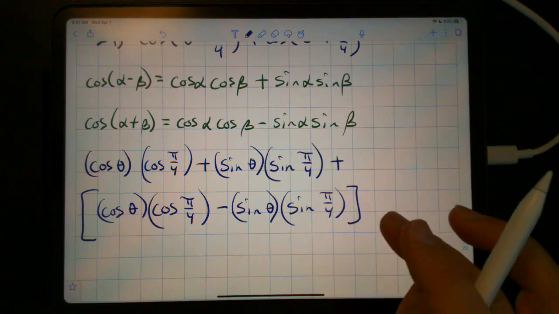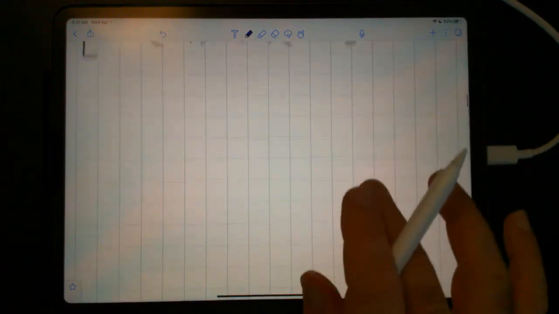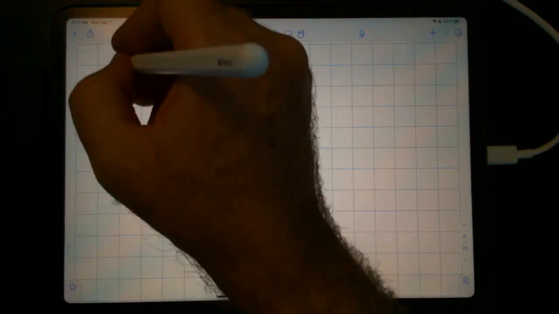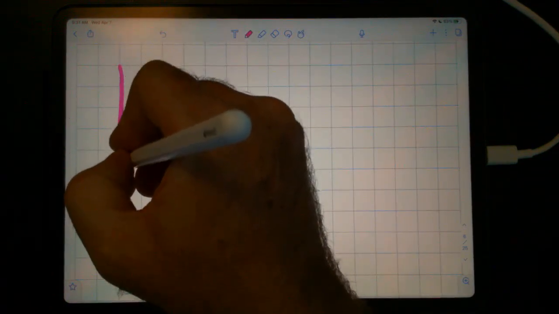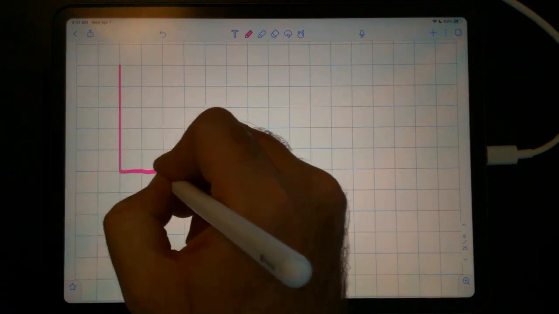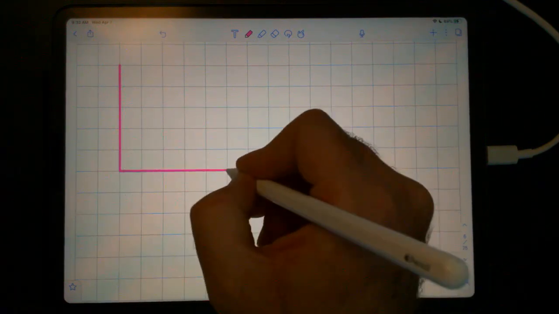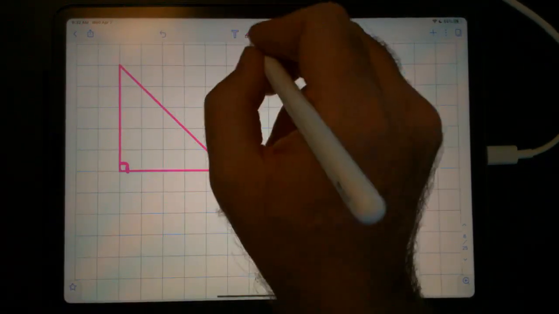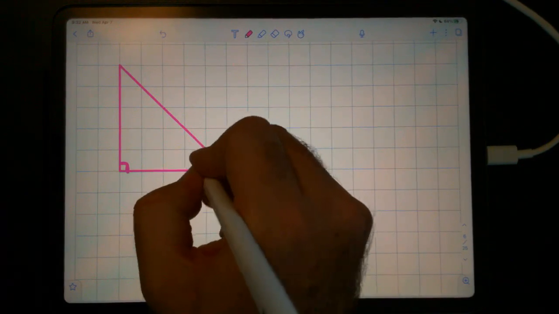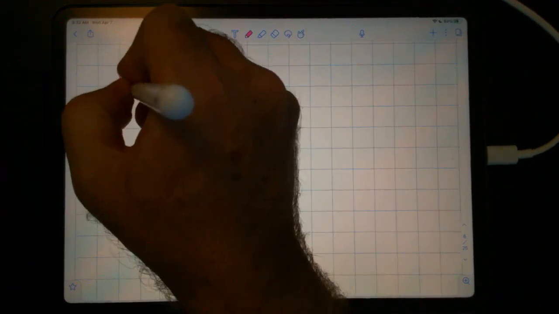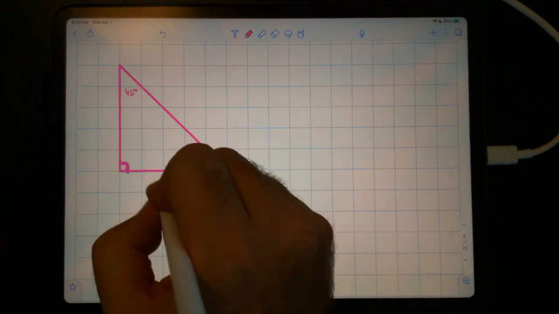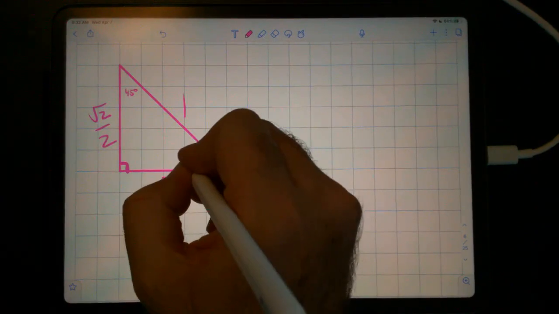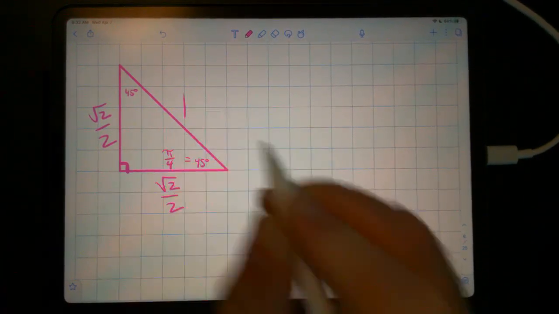Pi over 4 should be a familiar angle at this point, but let's draw a little diagram just to refresh our memories. So 45, 45, 90 triangle, we will have sides of radical 2 over 2, radical 2 over 2, hypotenuse of 1, and 45 degrees is the same thing as pi over 4.